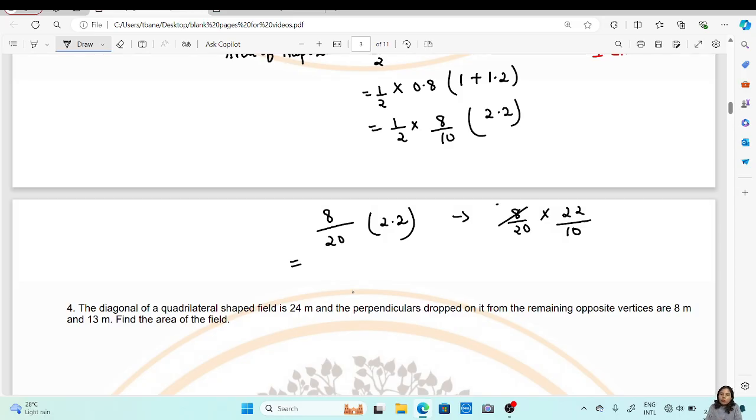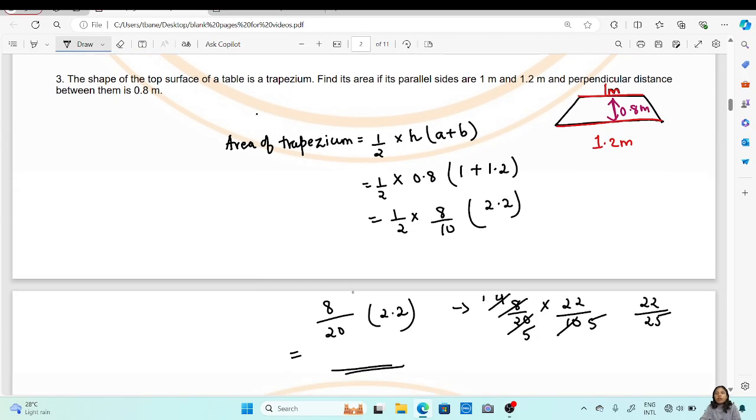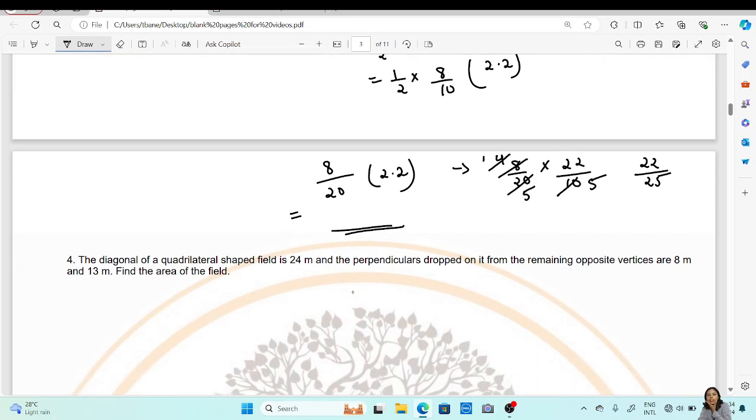This will be 2 4s are 8, 5s are 10, then you can cancel, so this will be 1 upon 5, so we'll get 22 upon 25. So after finding it in decimals, we'll get the answer that will be the area of the trapezium in this case.